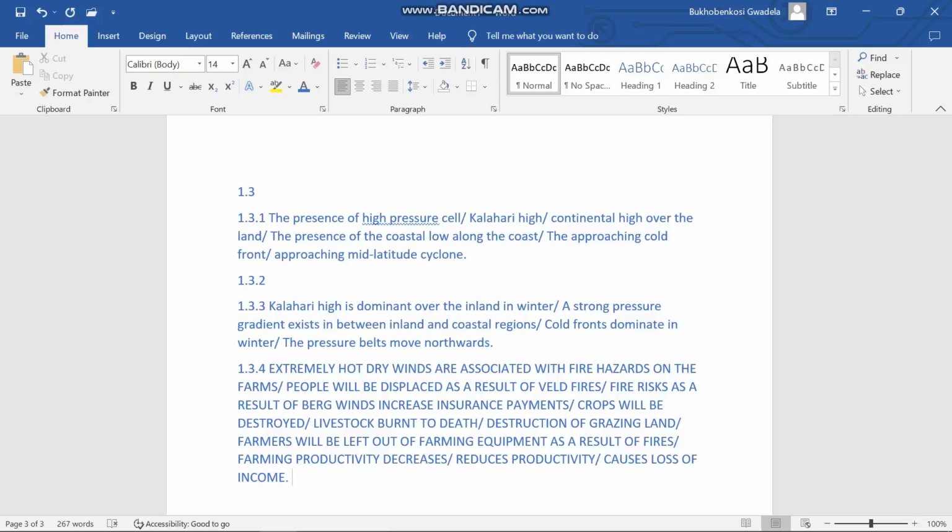The farmers will not produce more food, meaning that they will not be able to get more income or more profits from these shops and so on. So it's also going to affect the workers, who will earn low income, because of these fires.